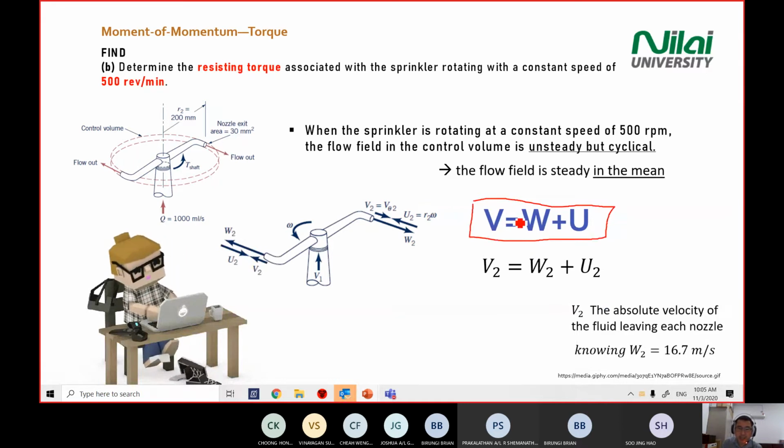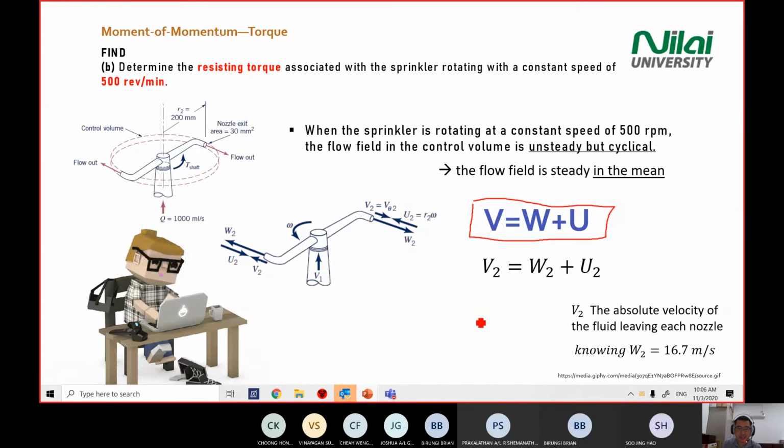In this equation we only look at the magnitude, because the direction we already drew in the diagram here. Then we link with the general equation. Meaning we assume W2 is in this direction, U2 this direction, V2 this direction. So you do the calculation based on the general equation here. Then you see what happened to your answer. If you get a positive, means your assumption is correct.